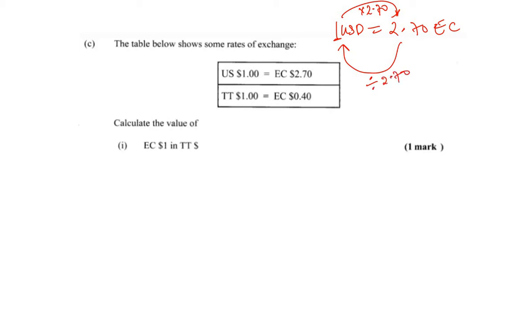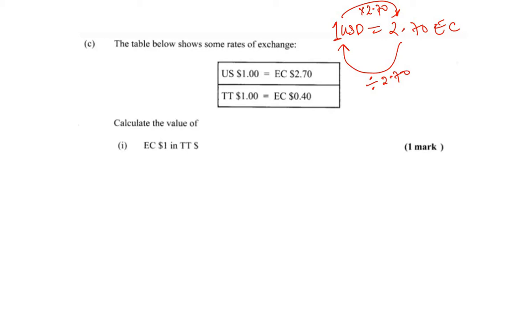So this table tells us that $1 when multiplied by 2.70 gives us 2.70 EC dollars, and 2.70 EC dollars when divided by 2.7 gives us $1. So if we're going from US to EC, we multiply by 2.70, and if we're going from EC to US, we divide by 2.70.